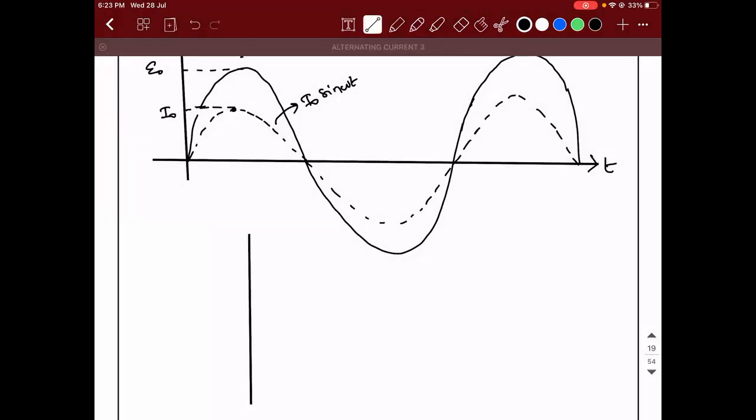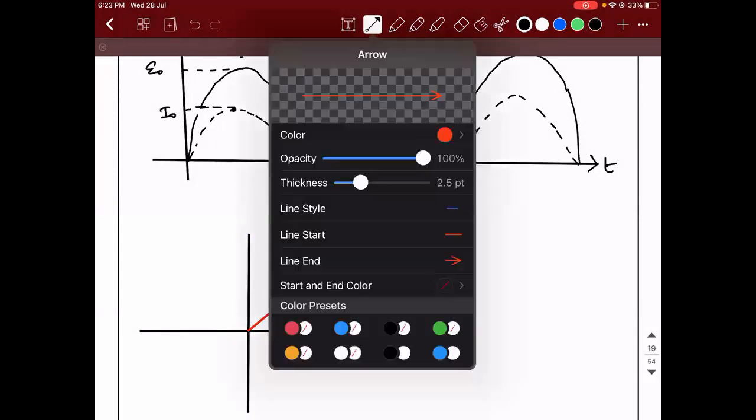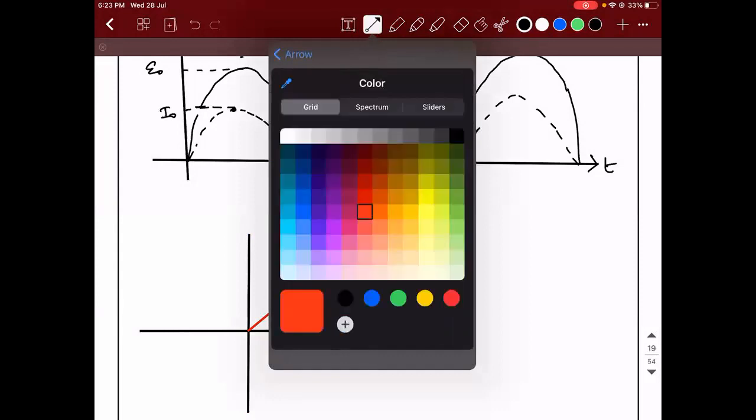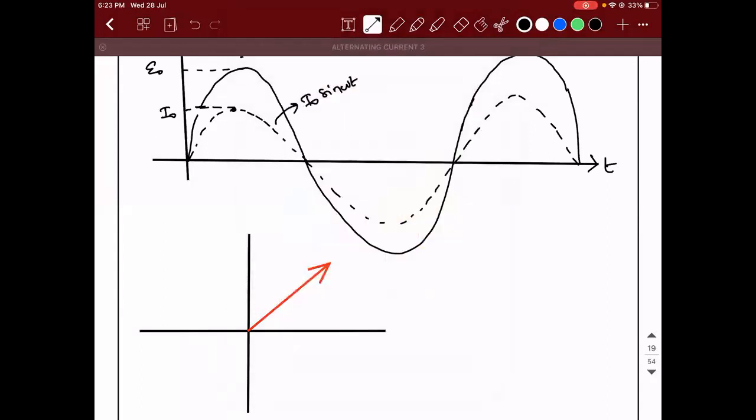Whereas when you draw the phasor diagram, what will happen is, if this represents E naught sine omega t, then this will represent I naught sine omega t.